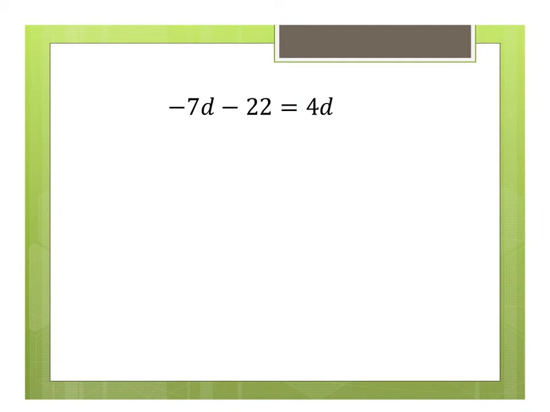Now let's look at example 2. We look here, we have a negative 7d minus 22 equals 4d. Well, we can see that we have variables on both sides, but if we want to get the variables on one side and the constants on the other, since the right-hand side doesn't have any constants, I'm going to move my negative 7d over to the other side.